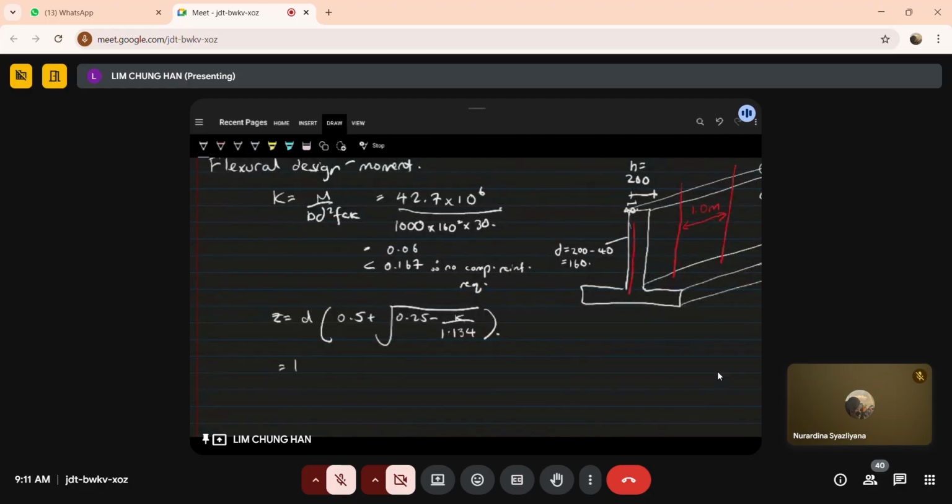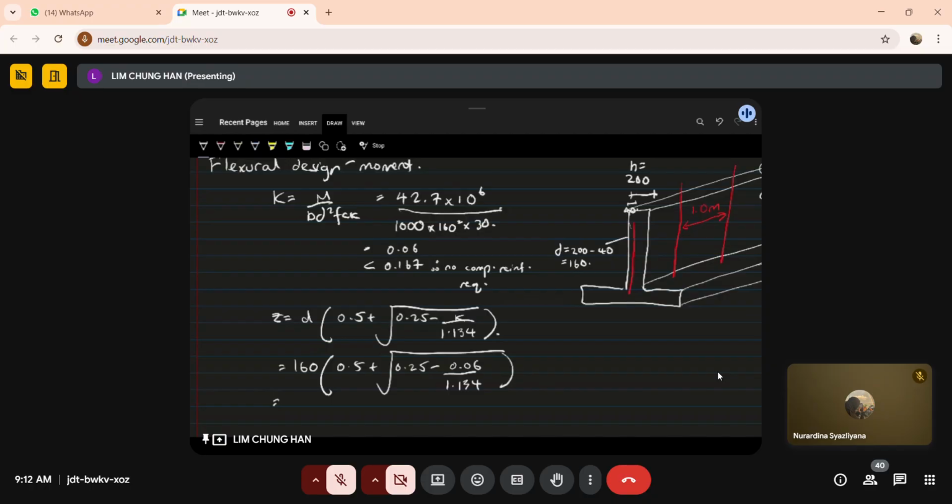So D is 160, 0.5 plus the square root, minus K is 0.06, divided by 1.134. All these formulas you should know; I've covered them before. They are actually from your beam design, the flexural design exercise example that I covered at the beginning of the course. Bending is bending. It doesn't matter whether it's a column, a beam, or a retaining wall, you use the same bending formula.